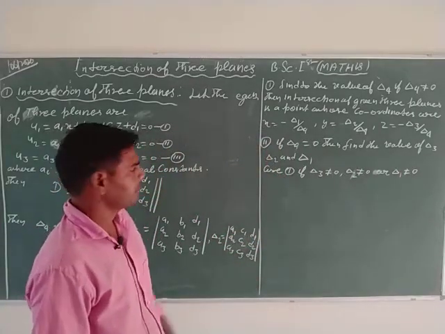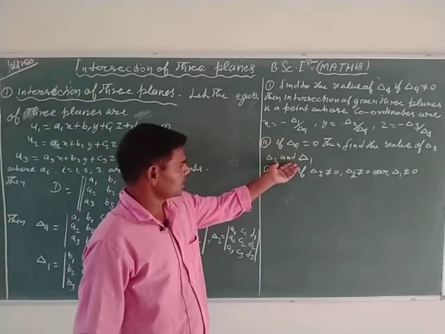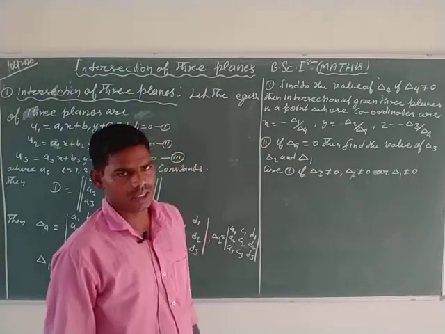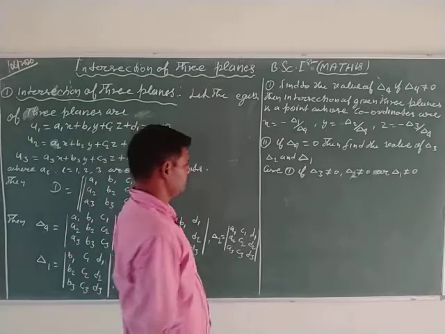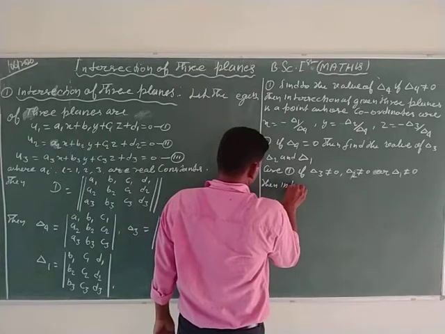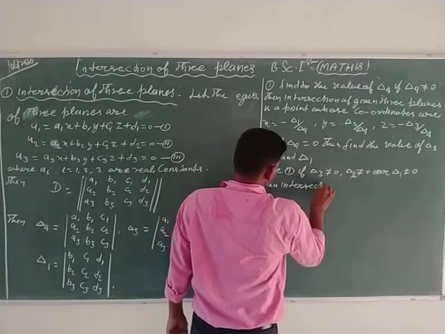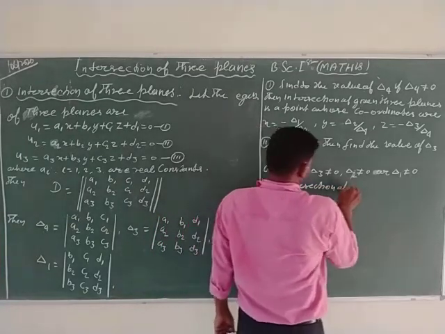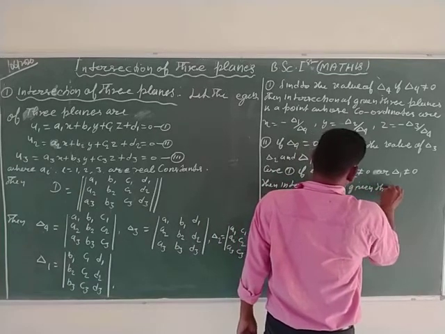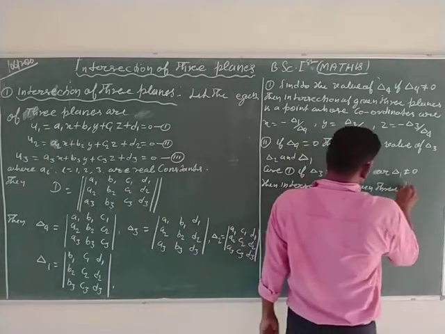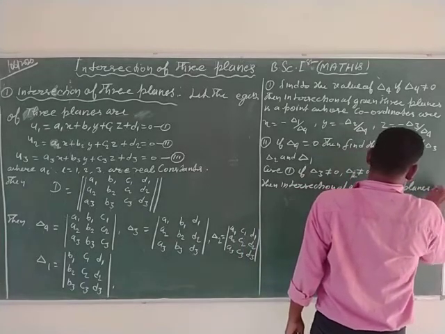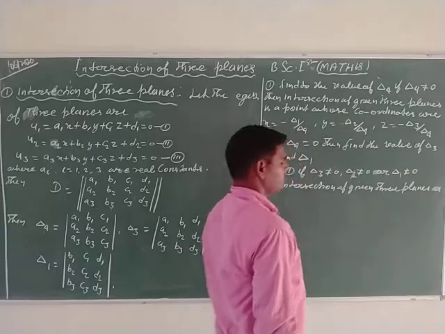If delta 3, delta 2 and delta 1 are not equal to 0, then the intersection of the given three planes is a triangular prism.